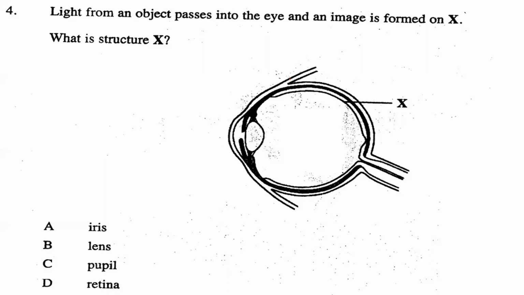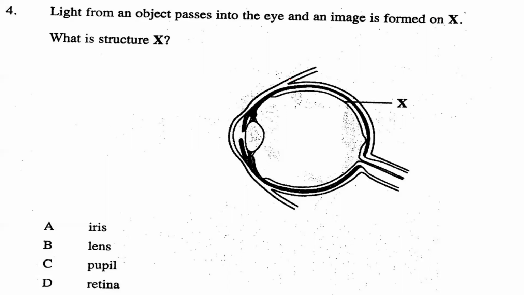Interesting. So let's actually see what's happening here. When you say the iris, or someone says the pupil or whatever case may be, let me show you what we're actually talking about.